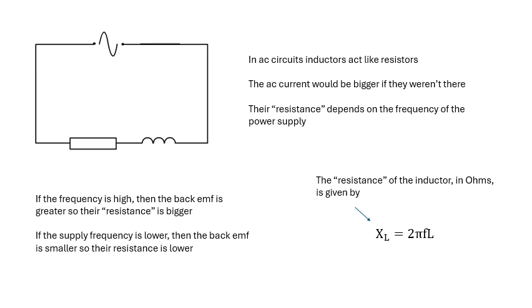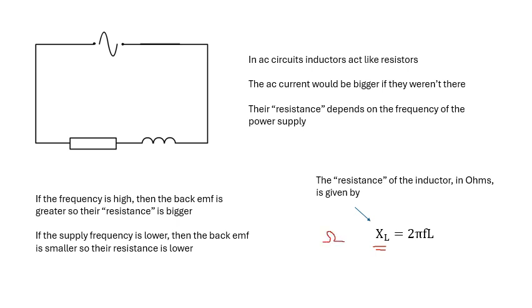Because of that, in AC circuits, inductors act like resistors as well. The current would be bigger if they weren't there. And their resistance depends on the frequency as well. This is XL, the reactance of my inductor. Again, don't worry too much about it, but it's measured in ohms.